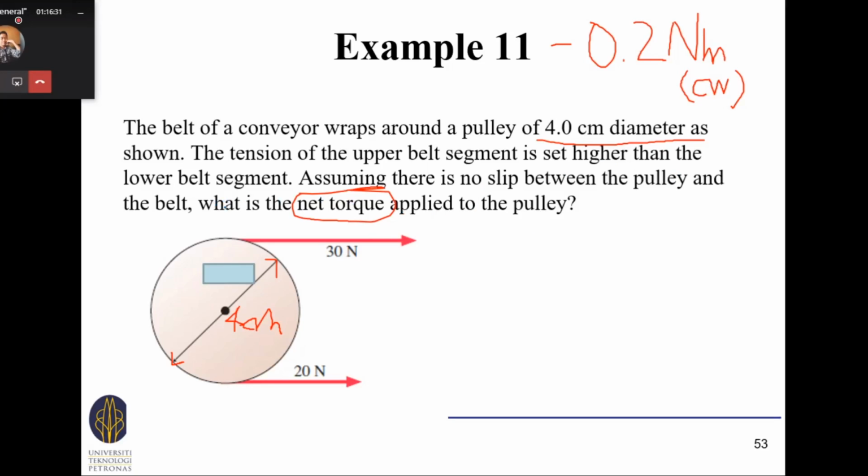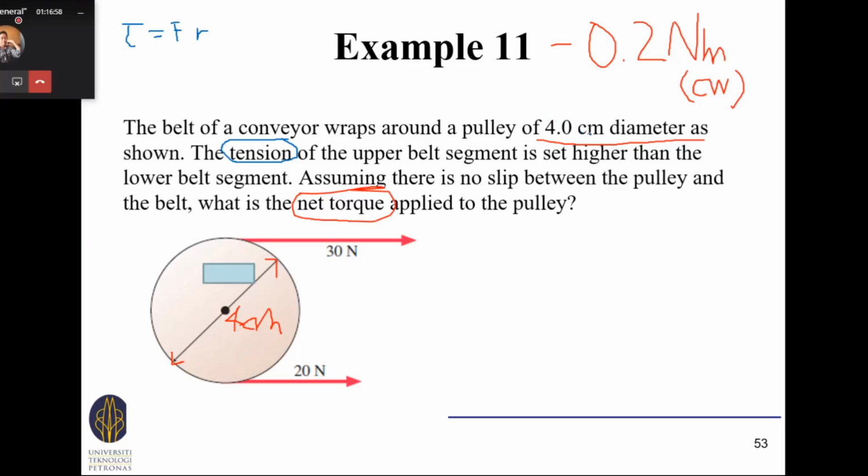What is the net torque applied to the pulley? So you know that this question will relate to the equation torque equals Fr, because tension is a part of force. When the tension or any type of force comes into the picture, it means you will calculate for the torque.